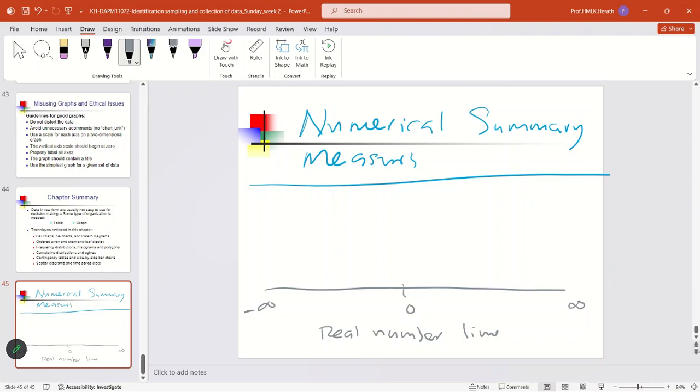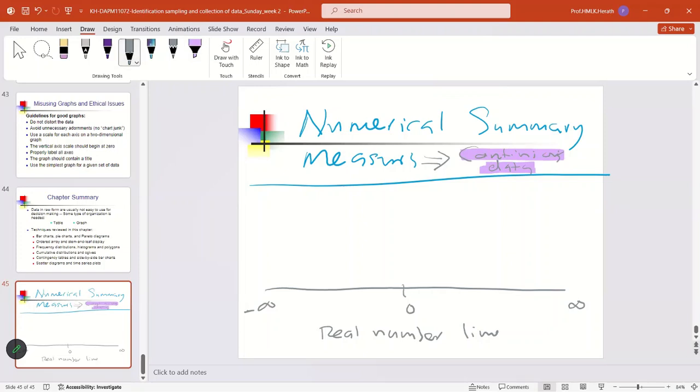We will compute numerical summary measures only on continuous data.